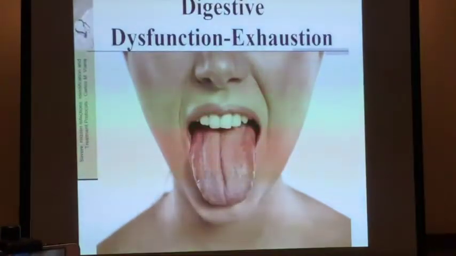This is a pretty sad-looking tongue. The medial distal line in the middle of the tongue tells me that there is severe digestive problems. And you'll notice that the edge of the tongue, you see those little teeth marks there? Those teeth marks are what we call scallops, indicating that there is a deficiency in energy.